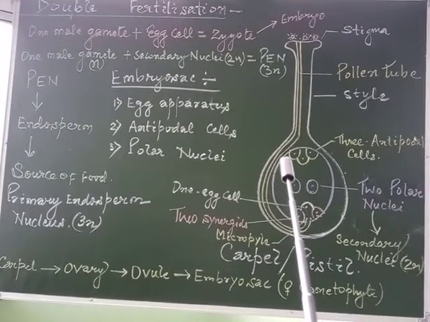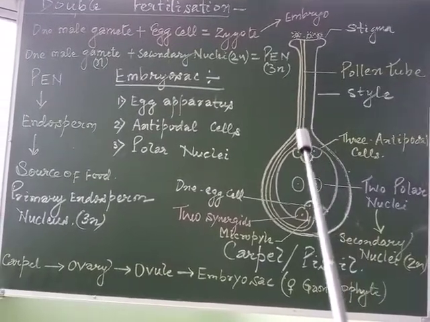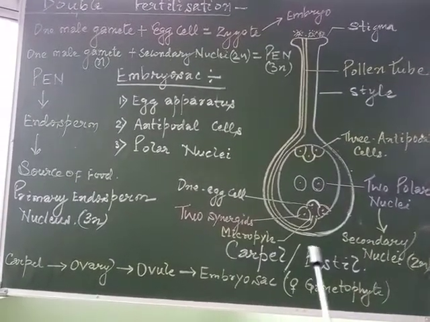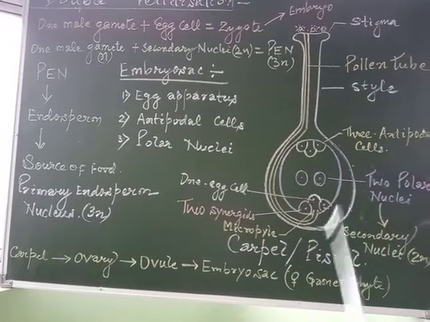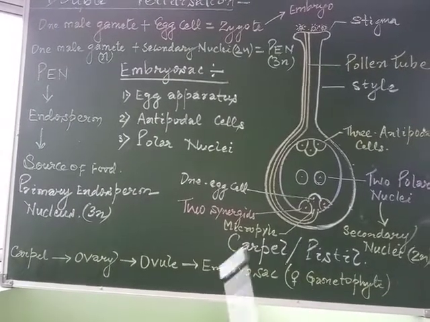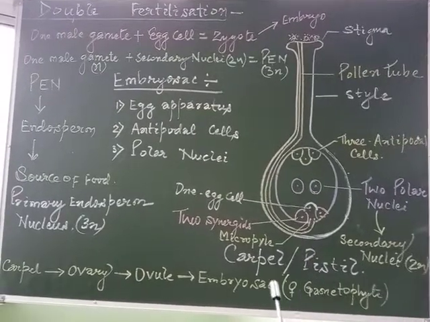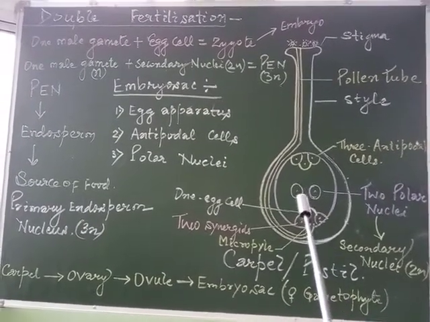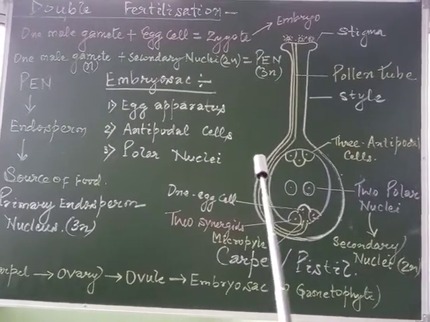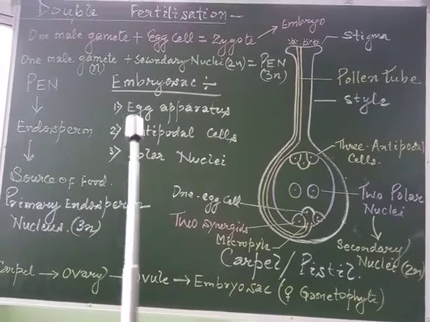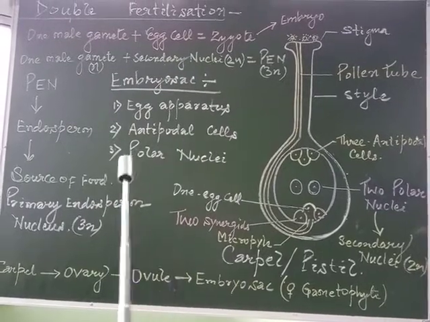So let us recapitulate once more in brief. We have discussed that the carpel or pistil has the stigma, style, and the ovary. Within the ovary, the ovule is present. Within the ovule, the embryo sac is present, in which the reduced female gametophyte has been formed by reductional division. Within the embryo sac, the structures present are the egg apparatus, antipodal cells, and polar nuclei.